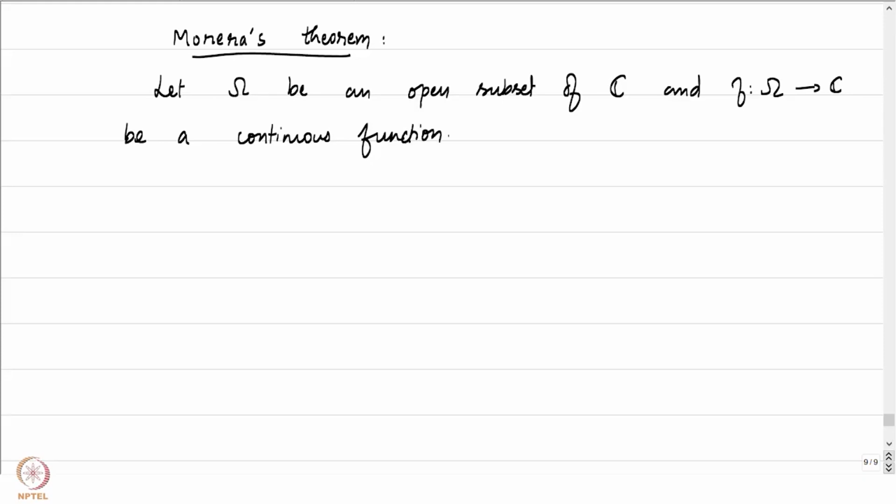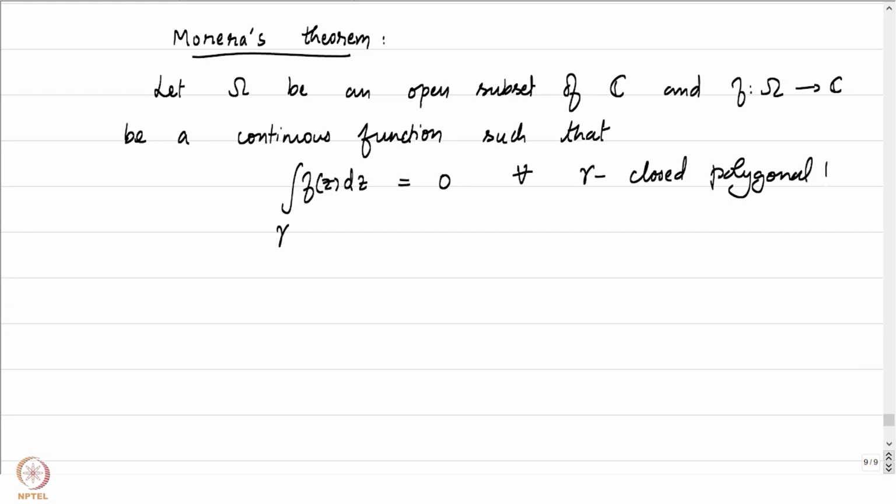So we just start off with a continuous function such that the function f is conservative in the sense that the integral of f over gamma, integral of f of z dz, (many times I have been writing just integral of f, but that means integral of f of z dz) is equal to 0 for all gamma a closed polygonal path in omega. The conclusion is that then f is holomorphic on omega.